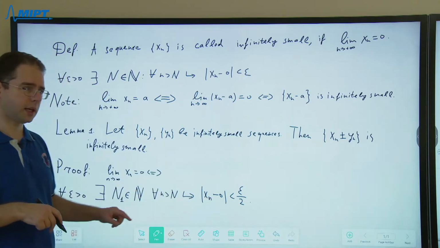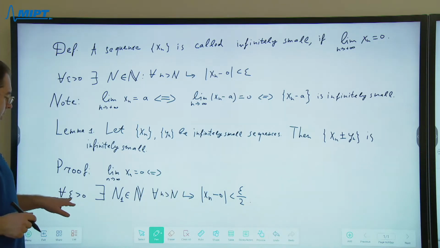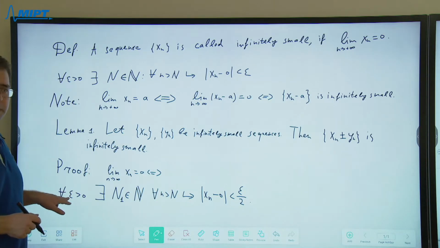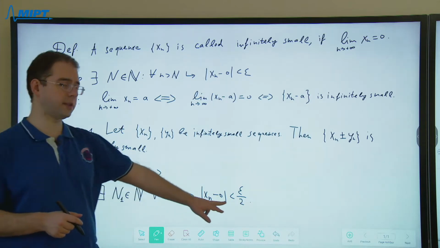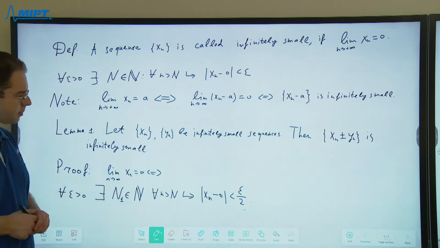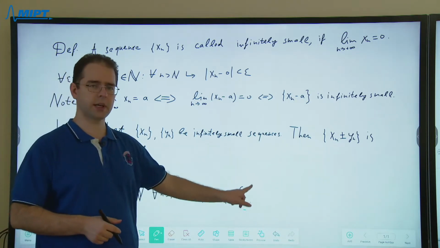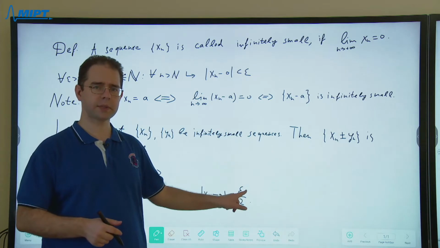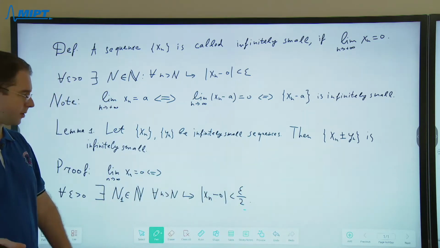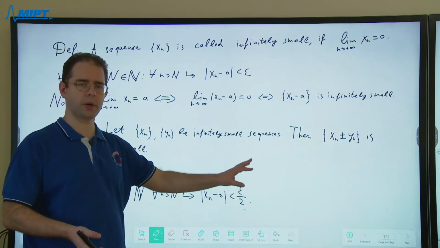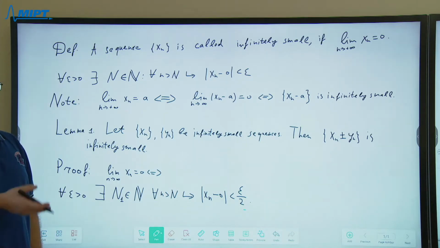So for a given epsilon I can find a number capital N such that this is correct. This basically means that instead of epsilon, I can write epsilon multiplied by any specific positive number. Can you see? I can write either 1/2 or maybe times 2 or any other positive number. I cannot, of course, multiply by 0 or a negative number.